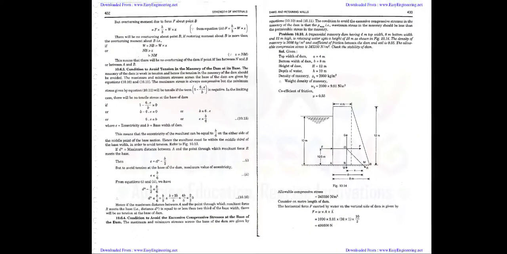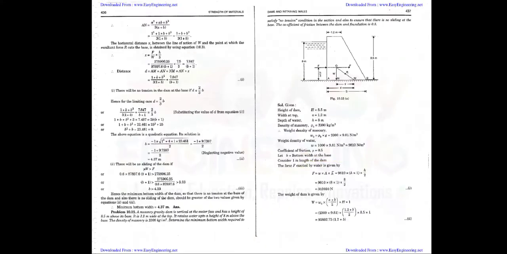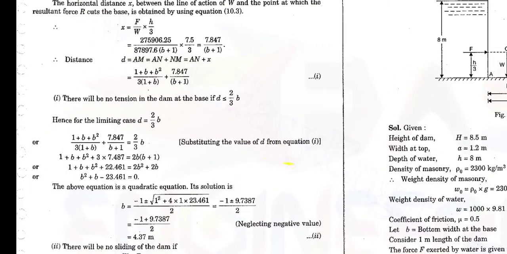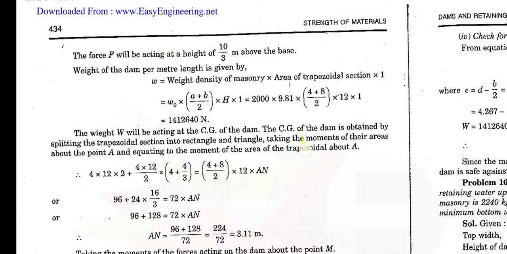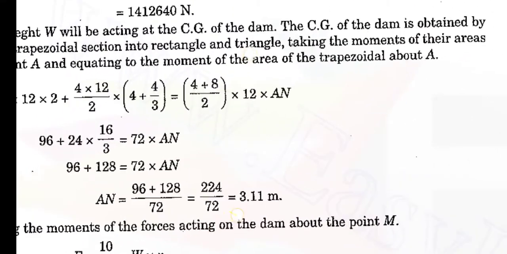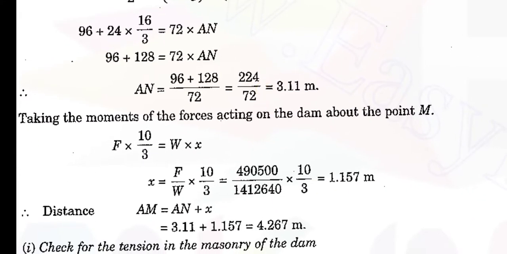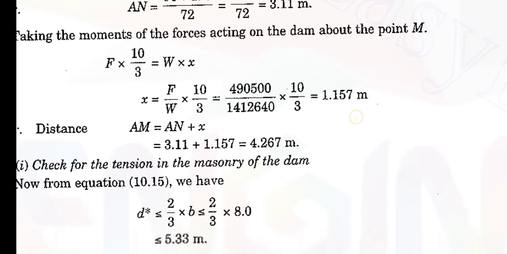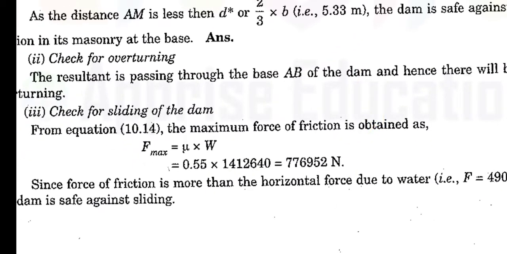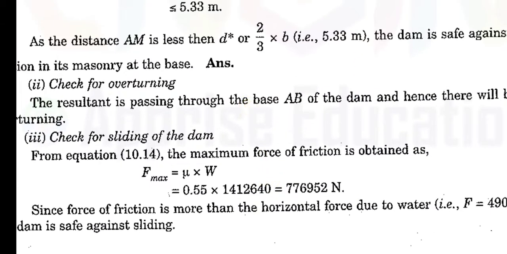Here the x value is much lesser. The total x value here is only 1.157, and the total width is 8 meters. Hence it is safe against overturning.